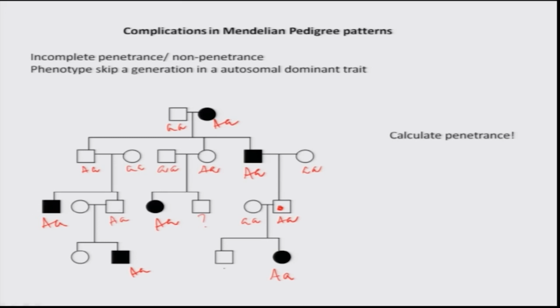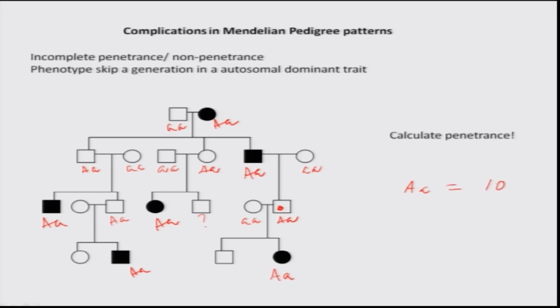Now, let us look at the minimum number of individuals that are heterozygous for the mutant allele. You can calculate that: 1, 2, 3, 4, 5, 6, 7, 8, 9, 10.